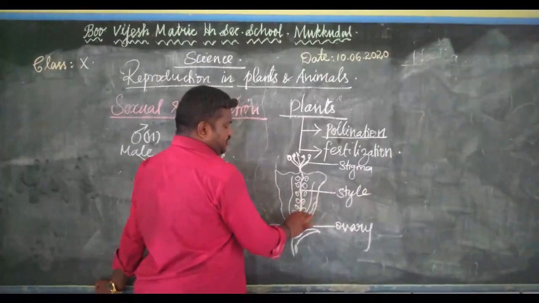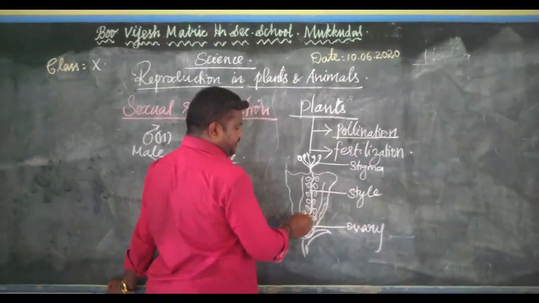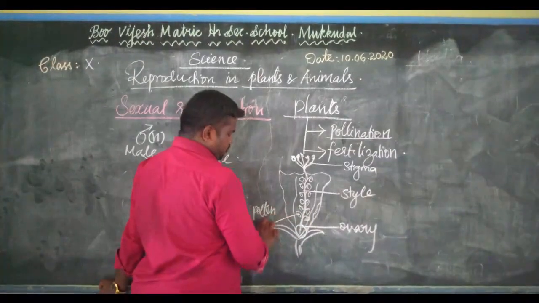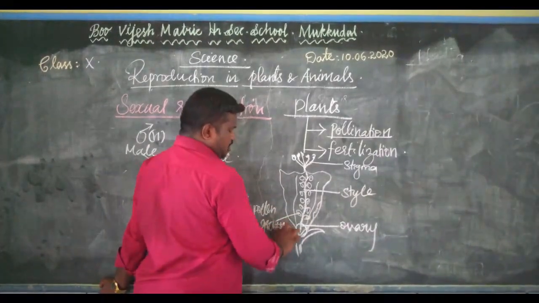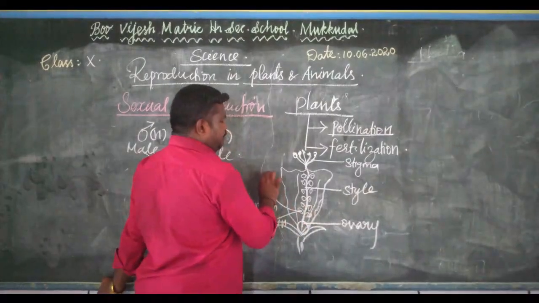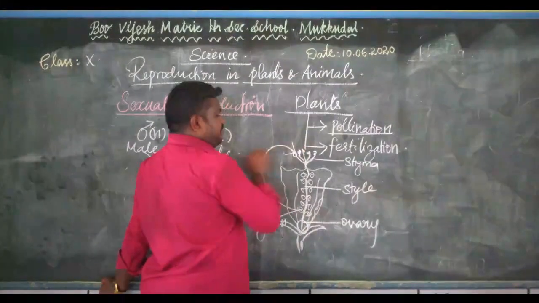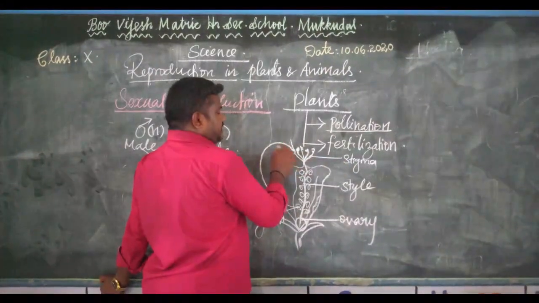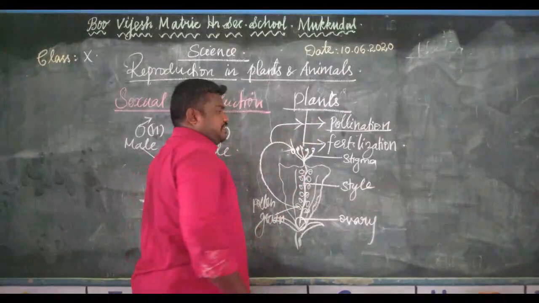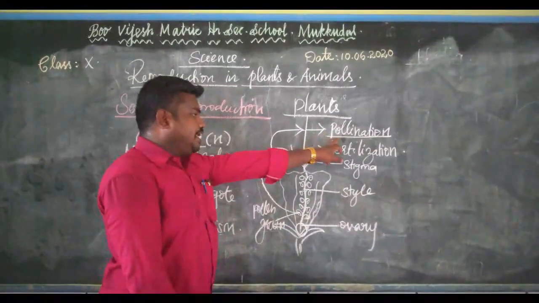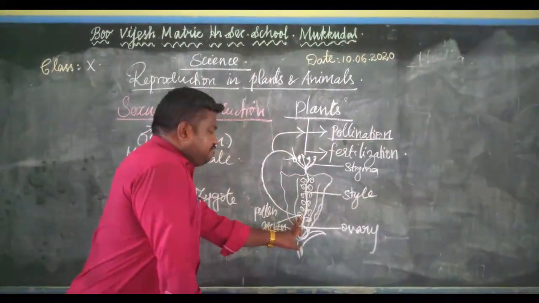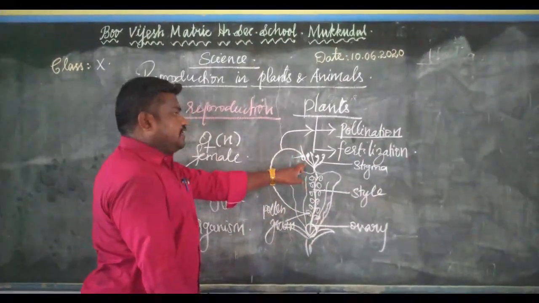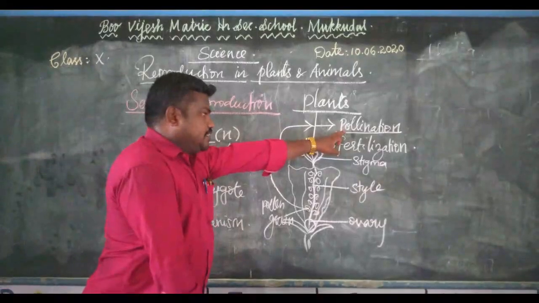The transfer of pollen grains from the anther to the stigma of the flower, that is known as pollination.